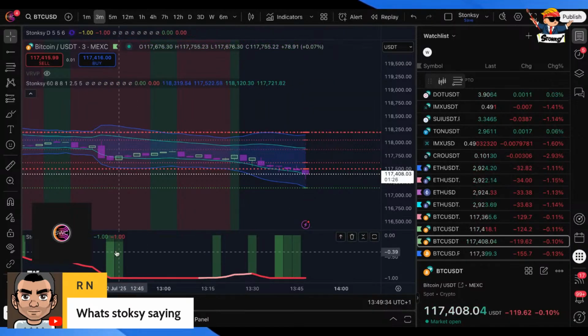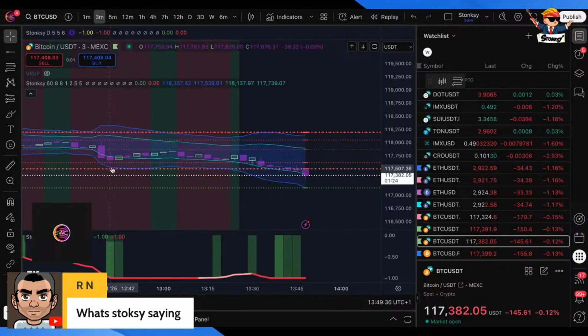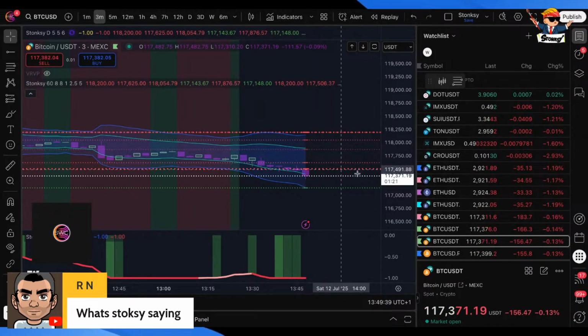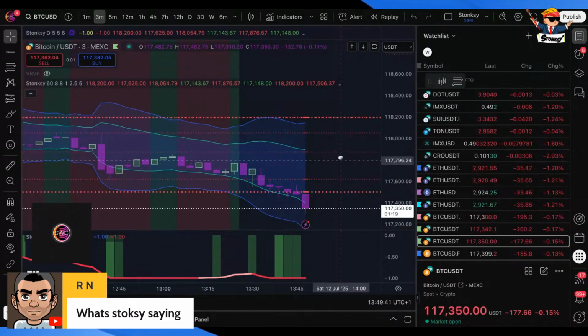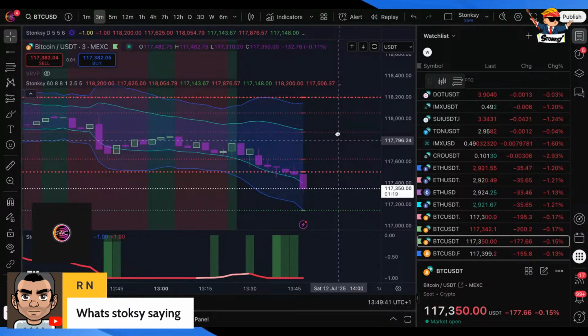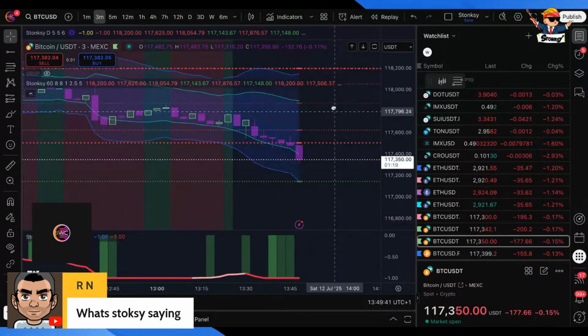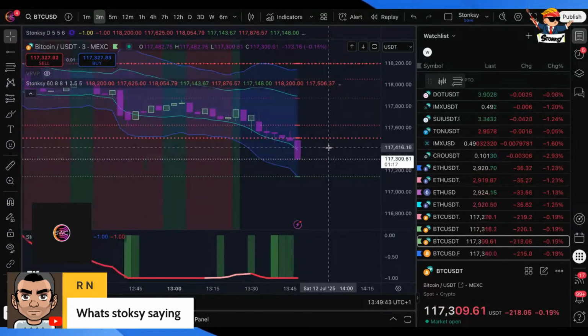When you got those here, the price only went up a little bit, but the fact that it's come down a bit, will it get down to this part of the chart there? I don't know.